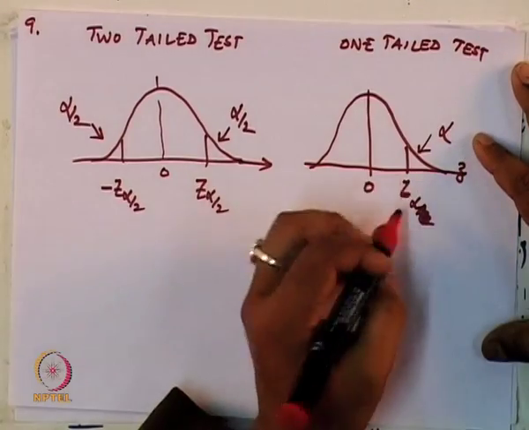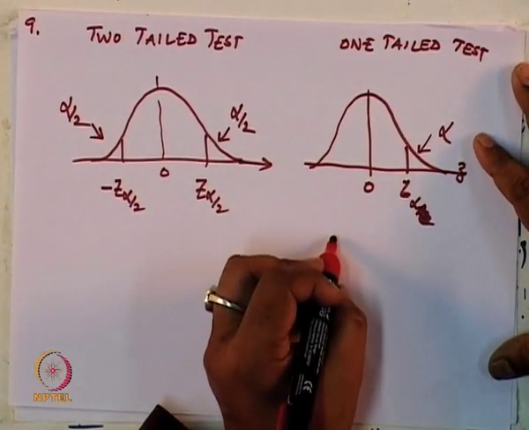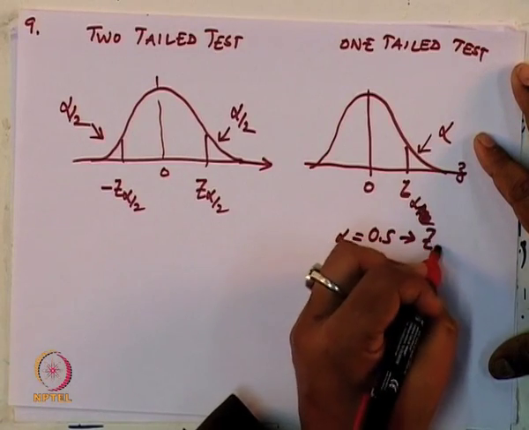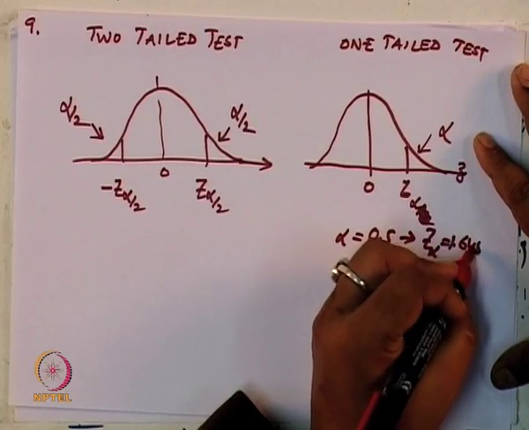So, for the one-tailed test, if I put down the values, for alpha equal to 0.05, I have z of alpha equal to 1.645.